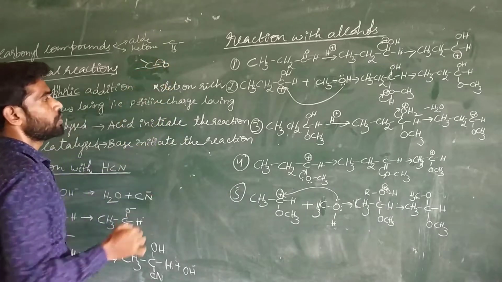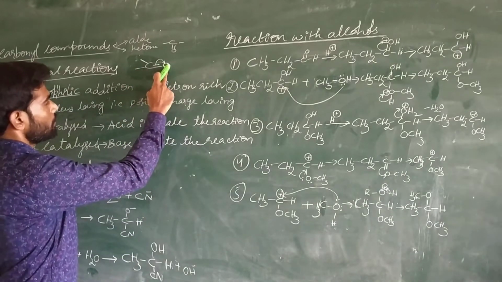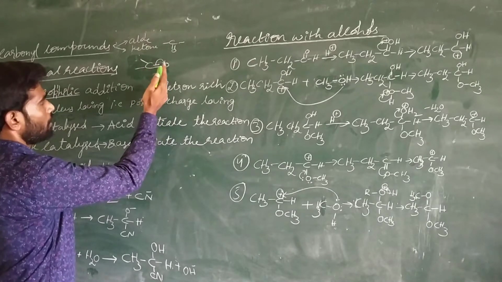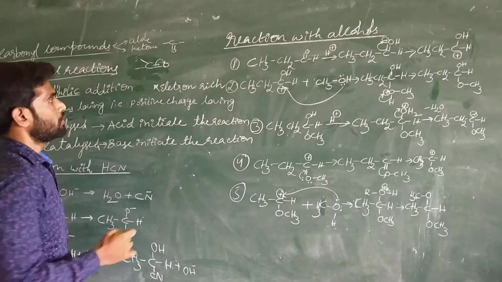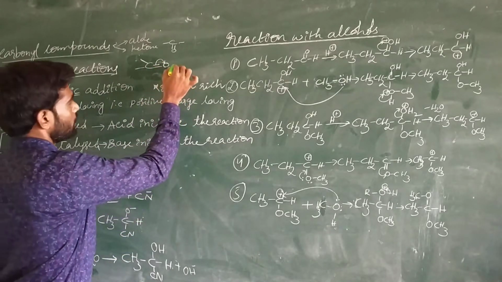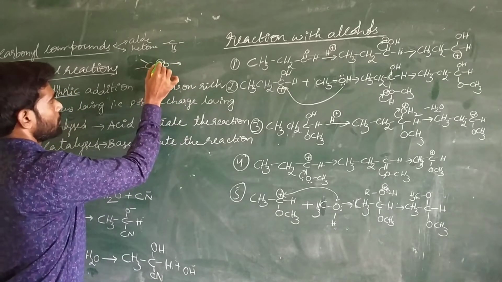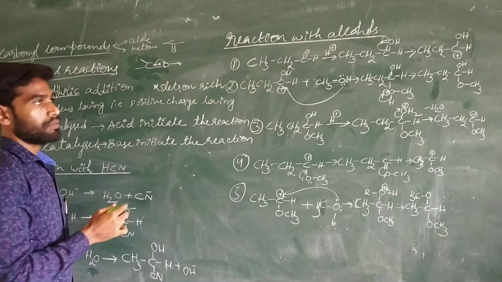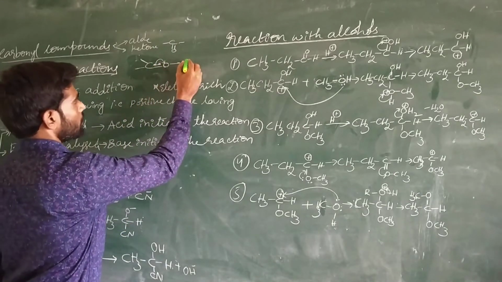Due to its higher electronegativity, this oxygen atom is always pulling electrons towards itself, so oxygen carries a negative charge. The pi electron density, these two electrons of the pi bond, is moving towards the oxygen atom.